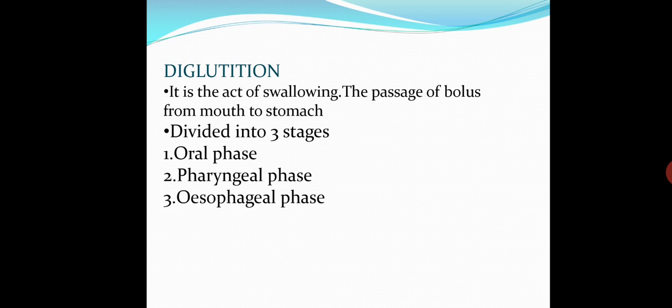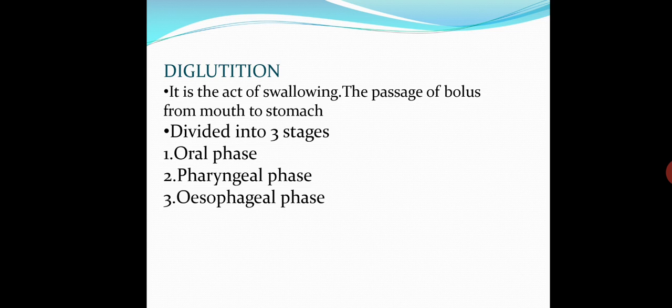In the last classes, we have learned about the structure and function of mouth, tongue, and salivary glands. Now, with the digestion process started in the mouth, the next stage of digestion of food is the act of deglutition.